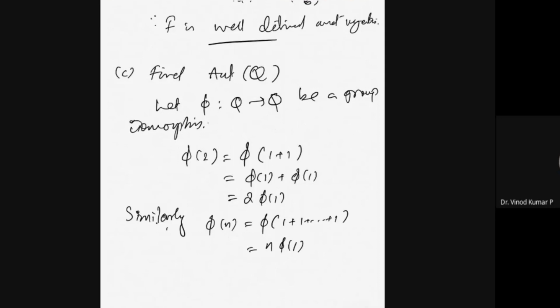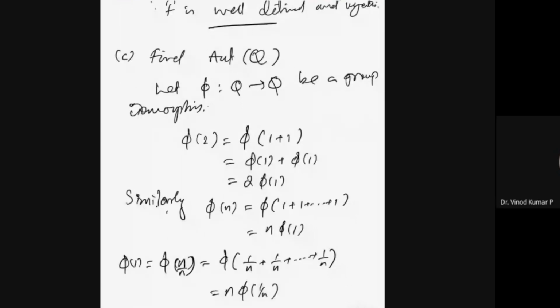Now you compute, you can write phi of 1 as phi of 1 by n plus 1 by n plus etc. 1 by n. Essentially I am writing 1 as n by n.